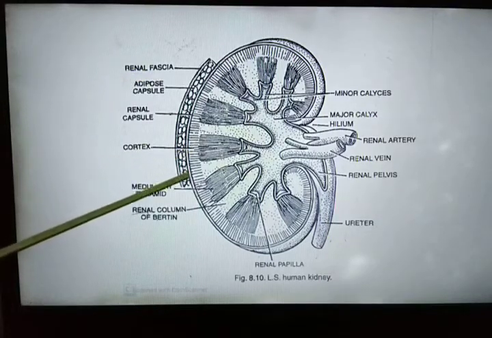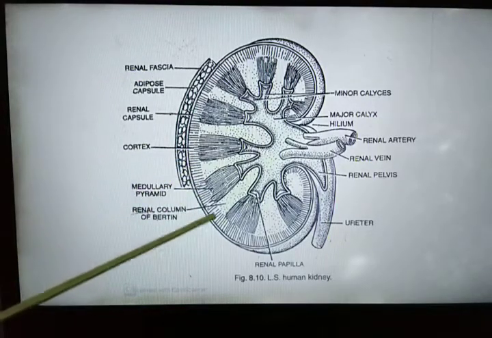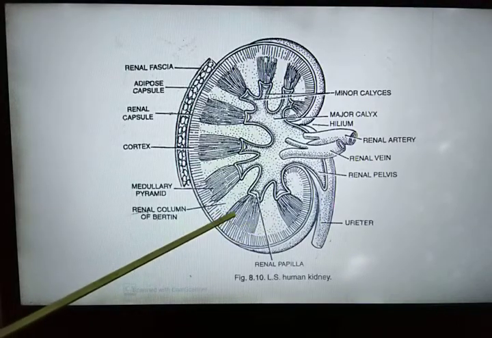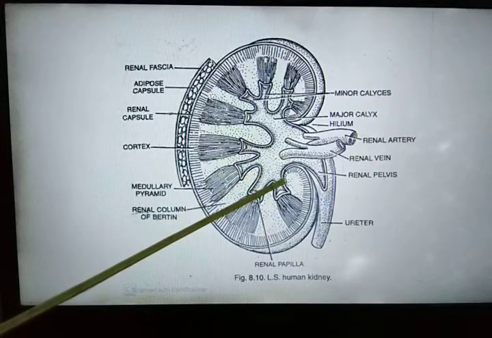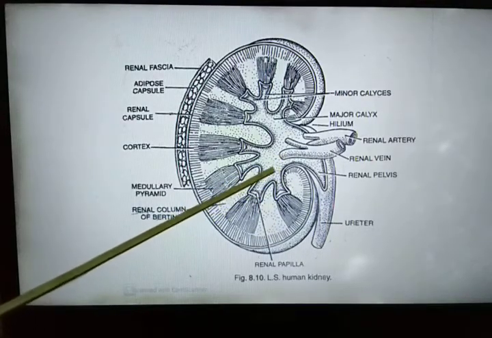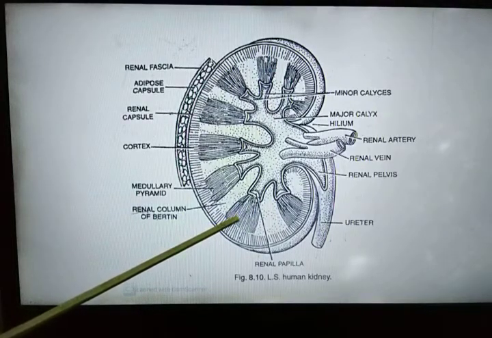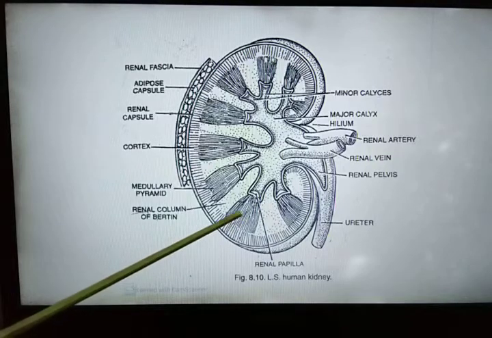Inner to the renal capsule, you have studied that the inner region of the kidney is divided into two parts. The outermost zone is known as the cortex and the inner is known as the medulla. The medulla is divided into conical structures known as medullary pyramids.